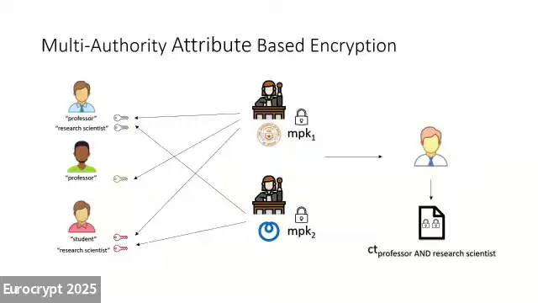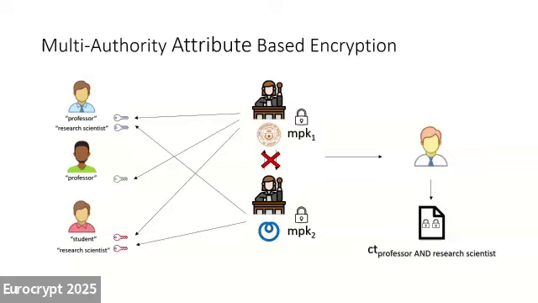Going into a little more detail on these definitions, in a multi-authority ABE scheme, the key point is that we want these authorities to act essentially as a regular ABE authority and be able to issue secret keys associated with the attributes that they are in charge of.